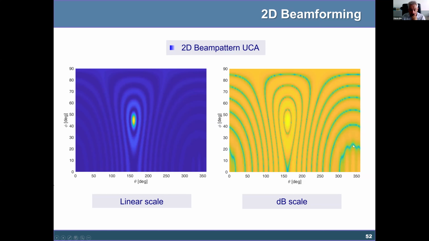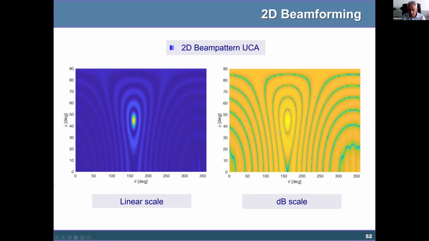More or less, you see the same thing. You can see that there is a main lobe at 45 elevation, 160 azimuth, and then you have all the side lobe structure all around, in linear scale and in dB scale.